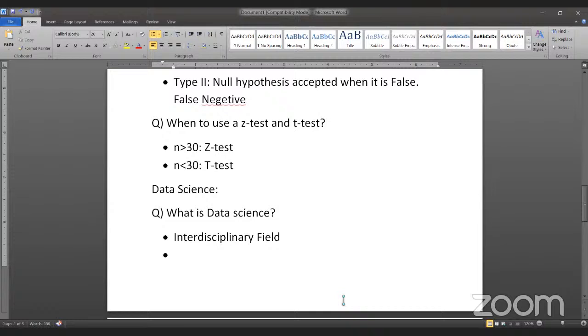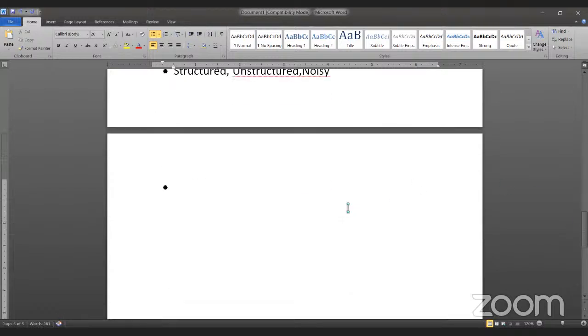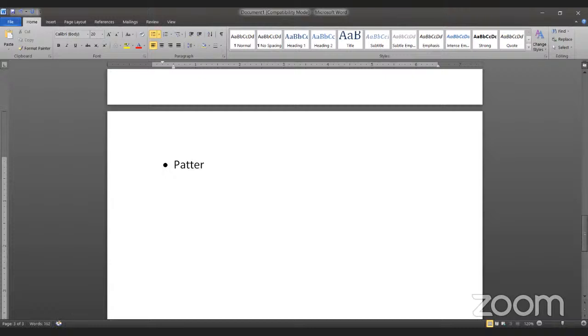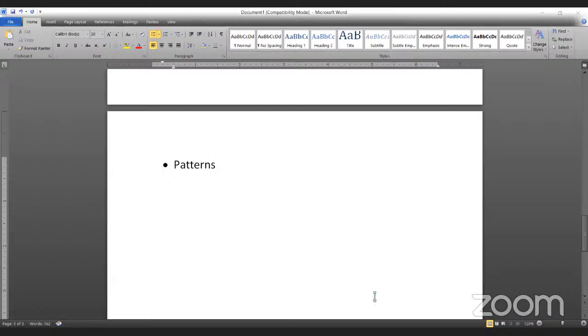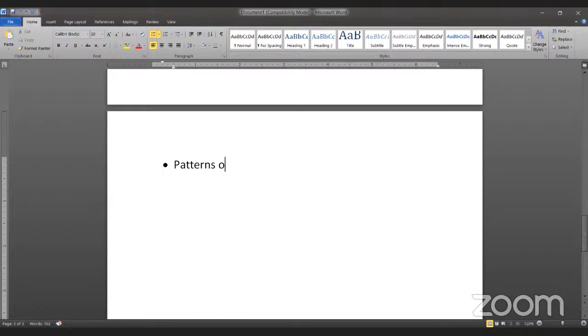It takes structured, unstructured, noisy data, and from this we get some patterns or knowledge, which we use to derive insights.